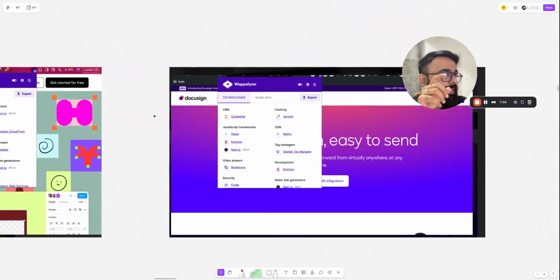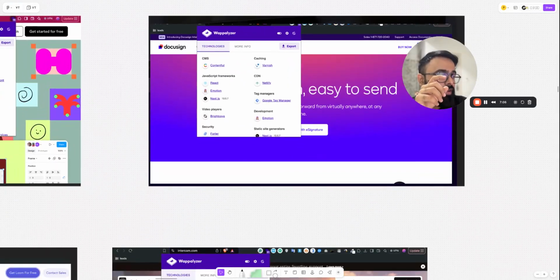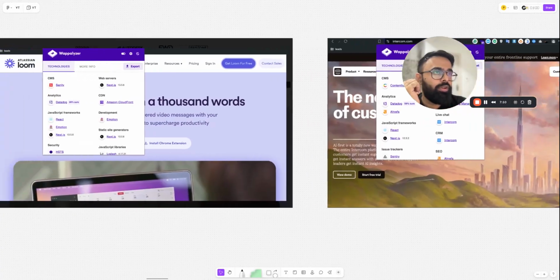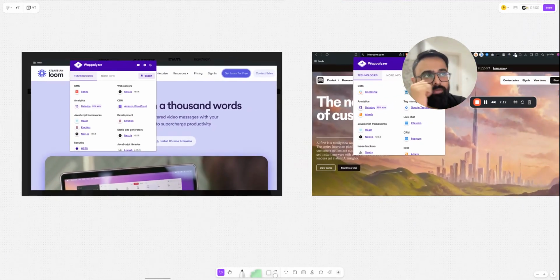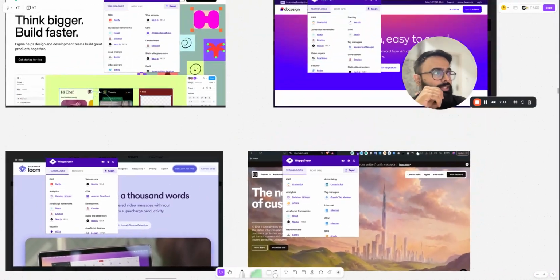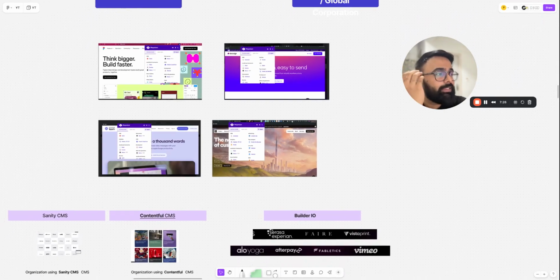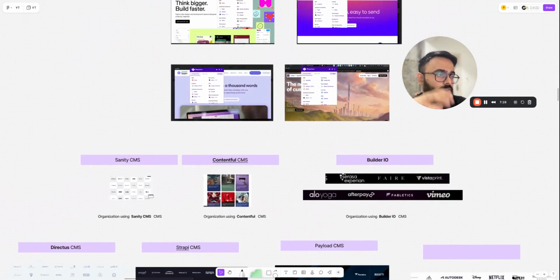Figma uses Sanity, DocuSign uses Contentful, Intercom uses Contentful, and Loom uses Sanity. So these are large enterprises, and they know that investing their effort and capital in CMSs like this is fruitful, and that's exactly why they are investing in it.